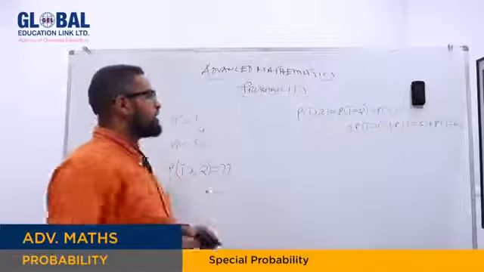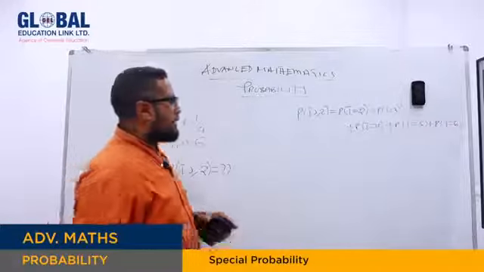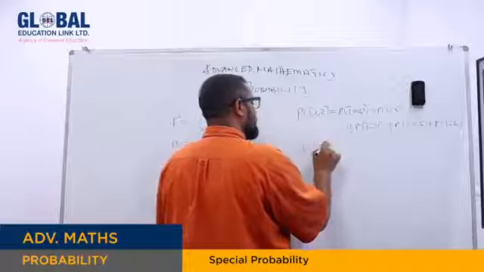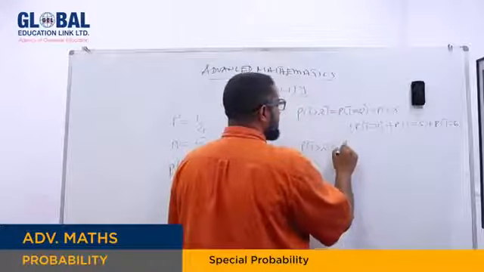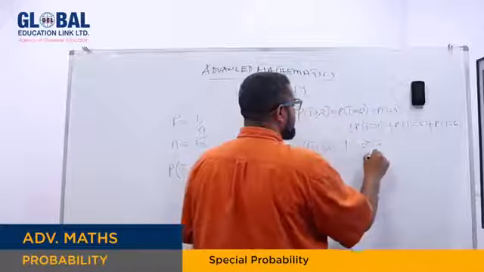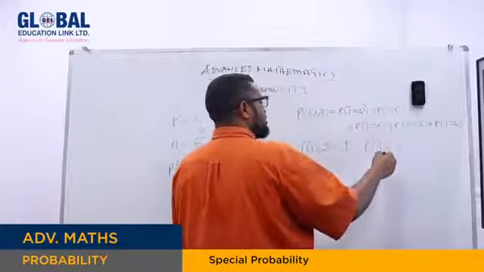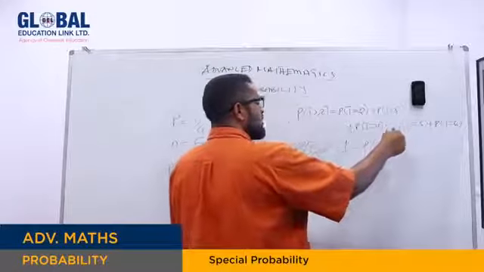Or you may change it into another way. That is, the probability of t greater than or equal to 2 is obtained by taking 1 minus the probability of t less than 2, in which we are not taking 2 here.